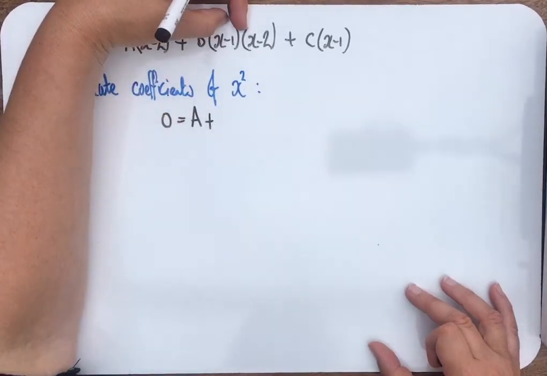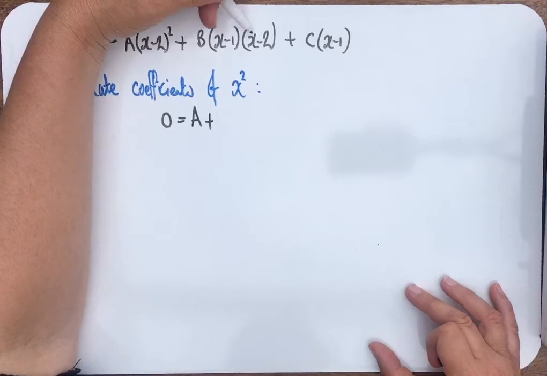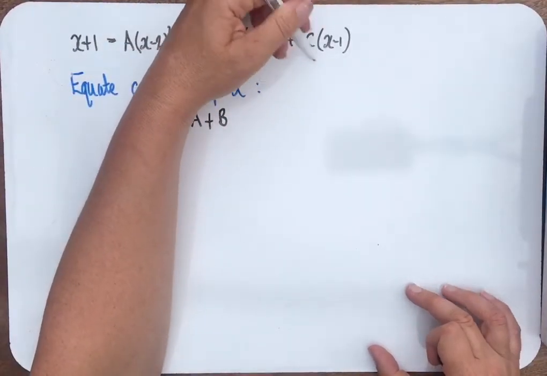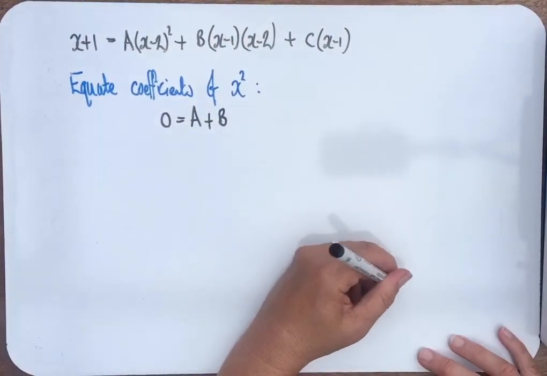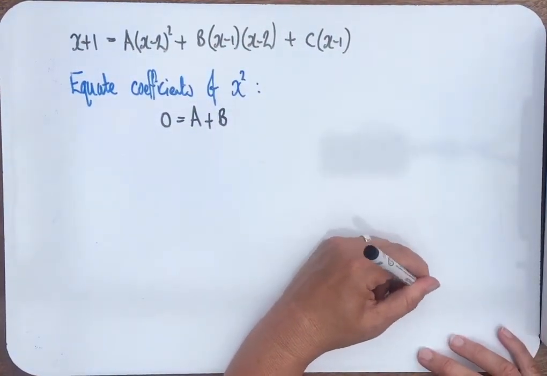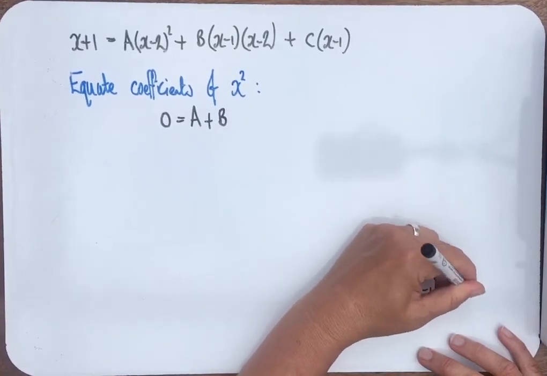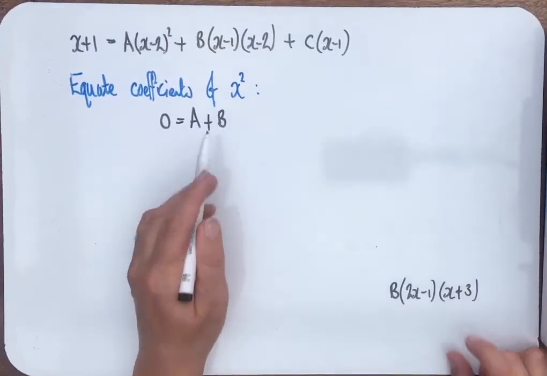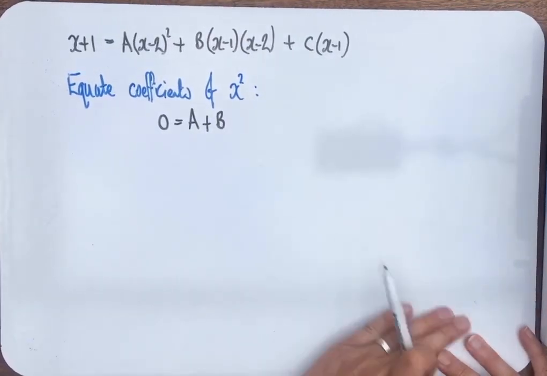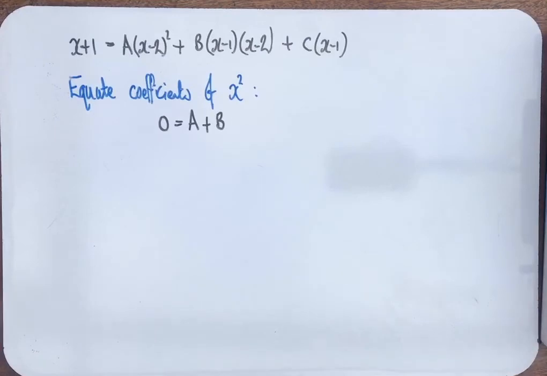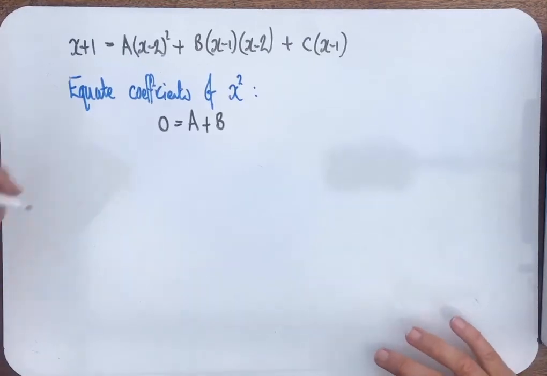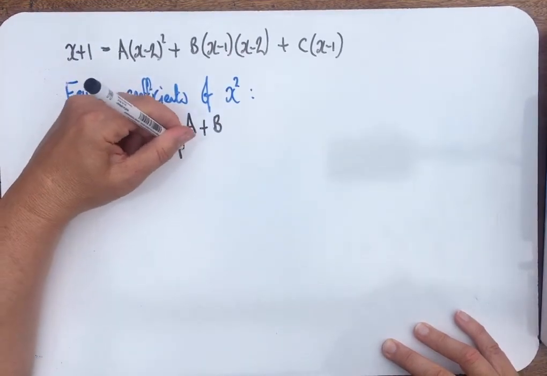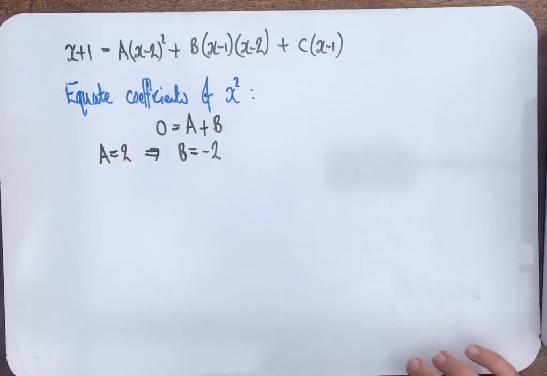Here, x times x is x squared, so that would be b, and then there's no x squared here. You need to be a little bit careful if you've got something like this, because then you've got 2x squared, and so it would be plus 2b there, just a word of warning. And we know from earlier that a is equal to 2, and if a is 2, then b is equal to minus 2.